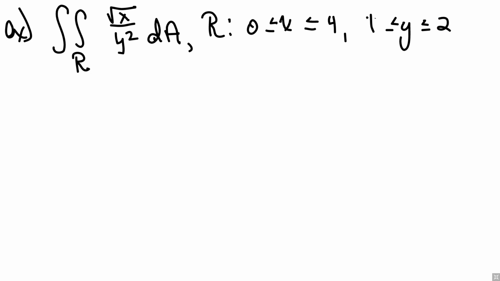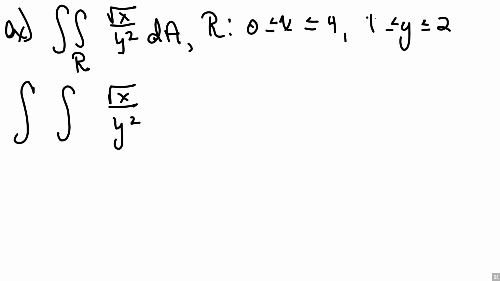Okay, so now what we're going to do is just set it up. So we're going to have the double integral of our function. Now we just got to decide, what do we want to integrate with respect to? Do we want to integrate with respect to x first, then y, or y, then x? So how do we want to integrate?